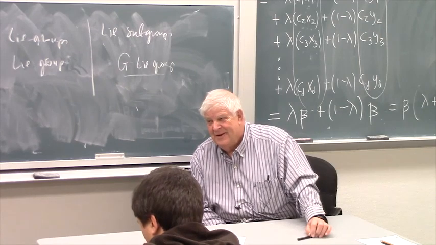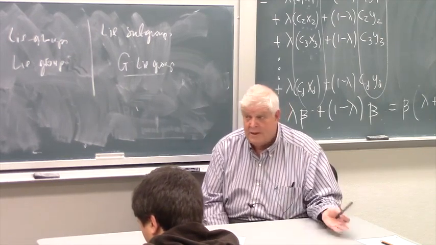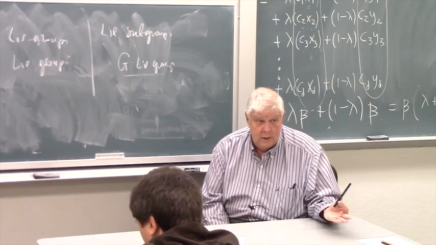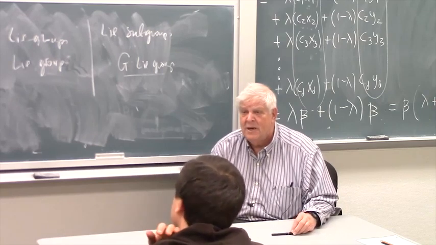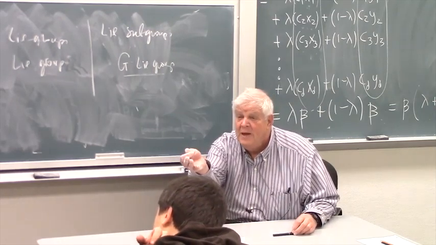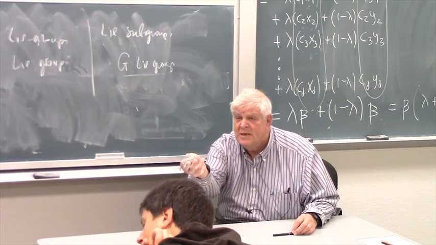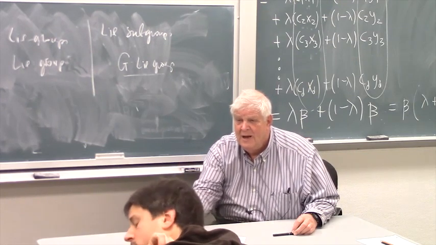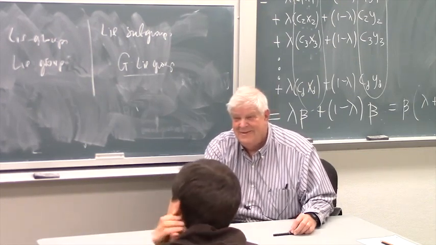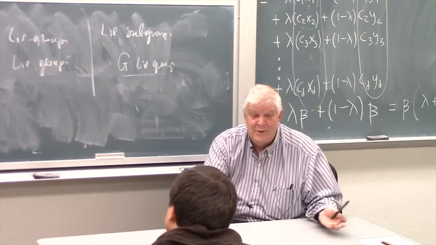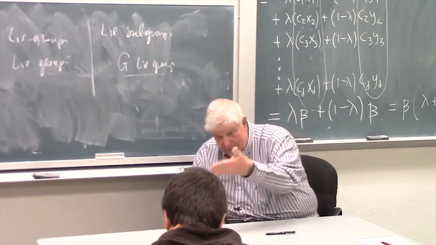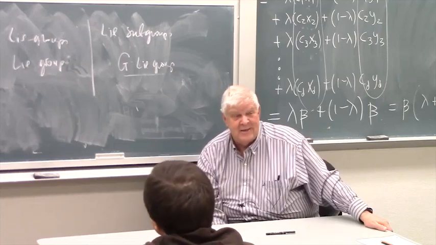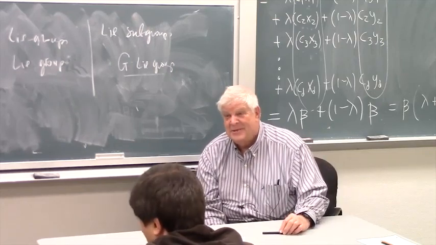I'm not so sure. I say O(n), orthogonal matrices. What are subgroups? Can you find some subgroups? Is it upper triangular? Orthogonal matrices, I'm not sure that they can be upper triangular. Yes, diagonal, yes. It is an example, but this is not the most interesting example.